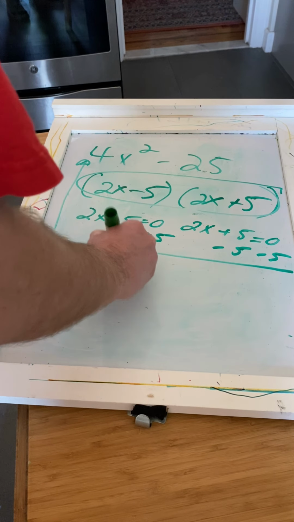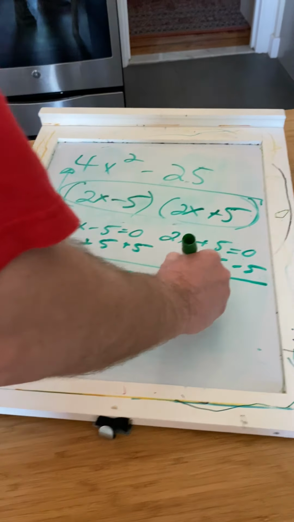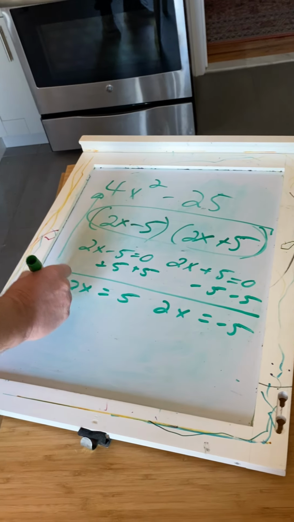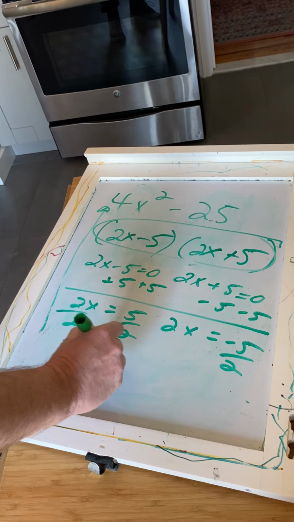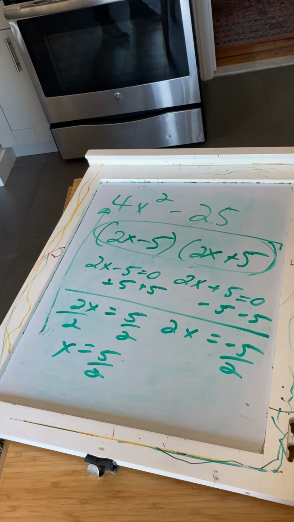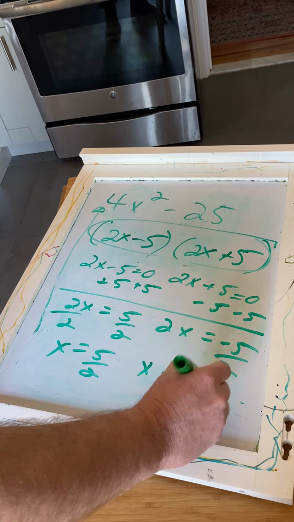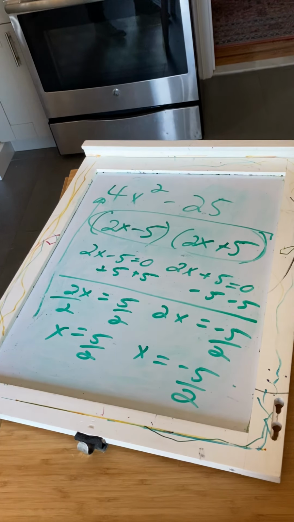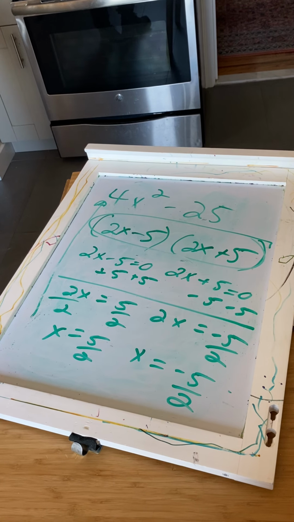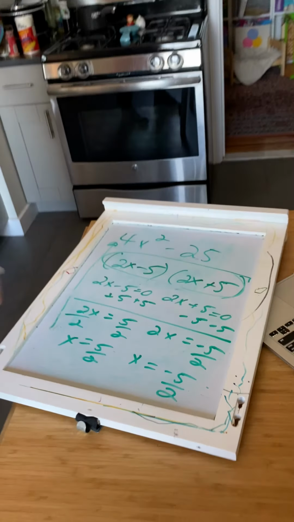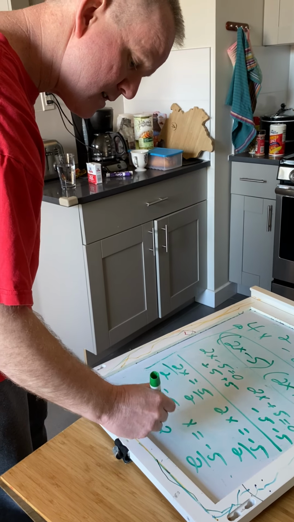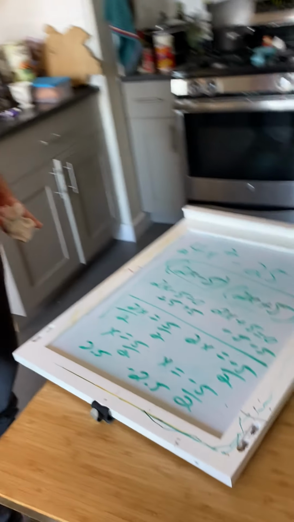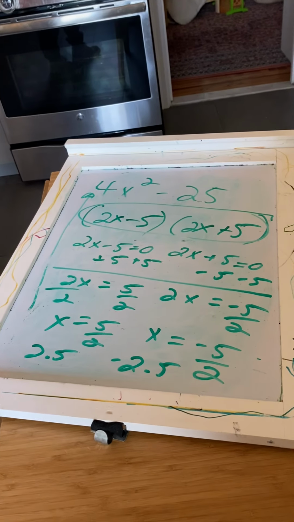So you're going to have 2x equals 5, 2x equals negative 5, divide by 2, x equals 5 over 2, and x equals negative 5 over 2. They are the roots, meaning that they would cross the x-axis at 2.5 and negative 2.5, right? If you were looking at the graph.